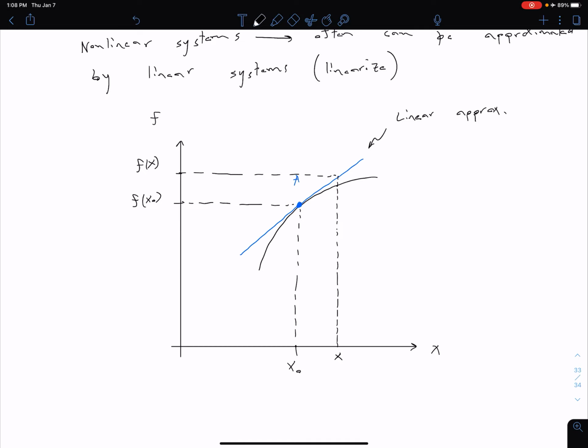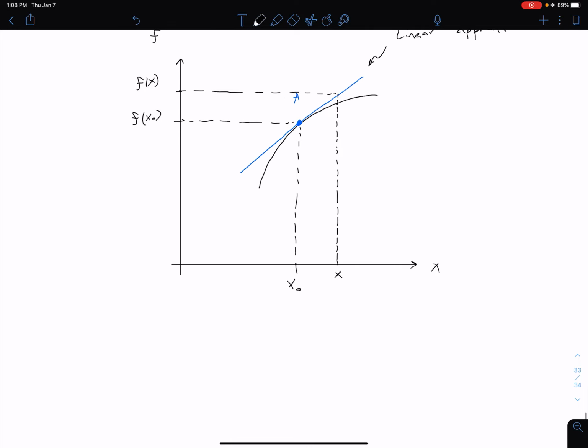Of course, we could write the slope of this blue line. Let's call it m sub a, the slope of our approximation at A, which is equal to rise over run, and that's approximately equal to f of x minus f of x naught divided by x minus x naught.